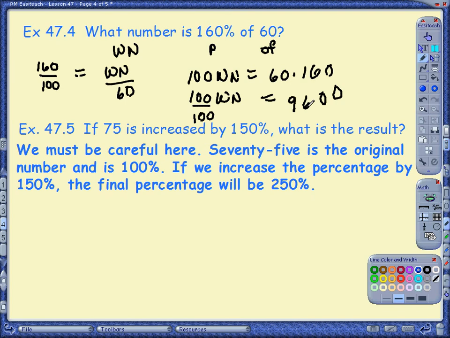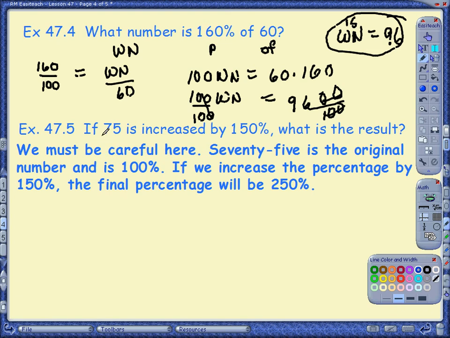And our missing is number is going to be 96. This is 1. What number, which is the is number now, equals 96? And that's our answer. Okay, 96 is bigger than the of number. That should happen because the percent is greater than 100%.